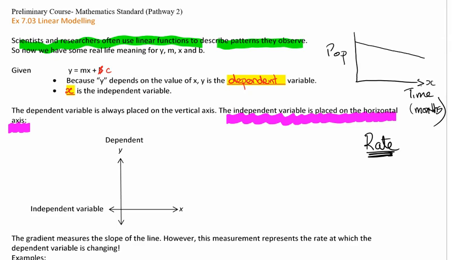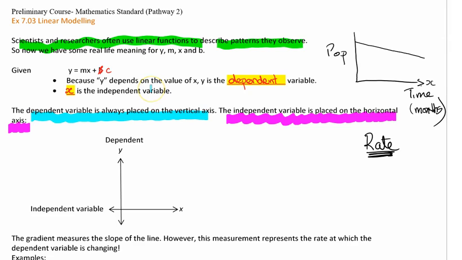And you can see then the dependent variable is placed on the vertical. Dependent is like y. So these are things that you really have to put an effort into learning. Y is dependent, x is independent.